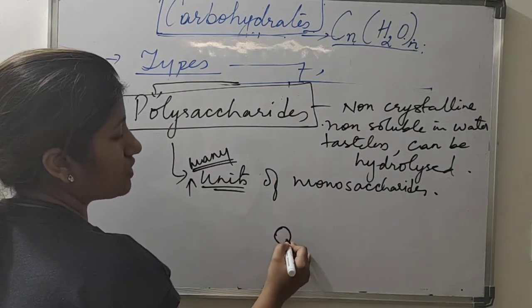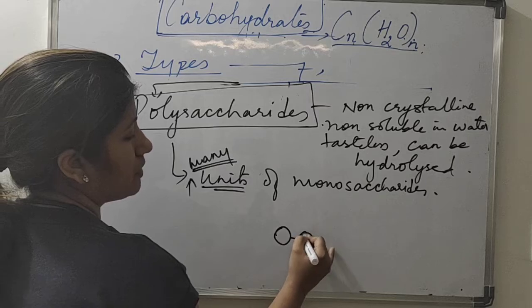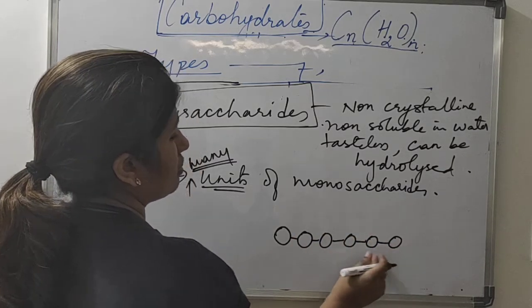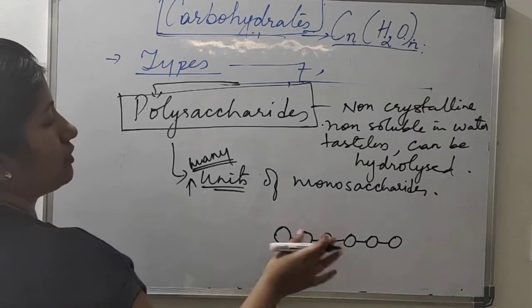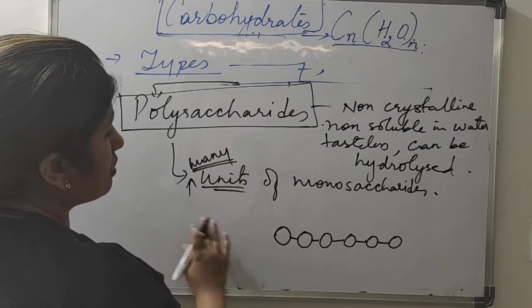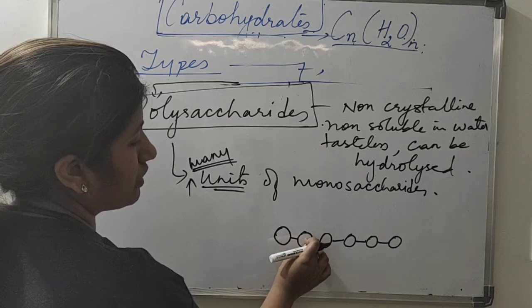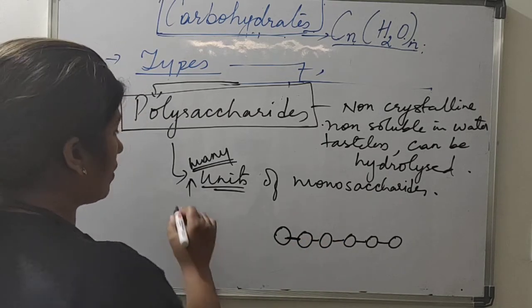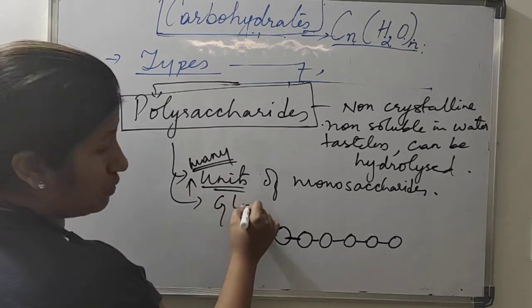That means if this is a monosaccharide monomer, many units will be joined together and form polysaccharides. When one monosaccharide and another monosaccharide are joined, obviously they are joined by a certain bond. Here the bond is a glycosidic bond.